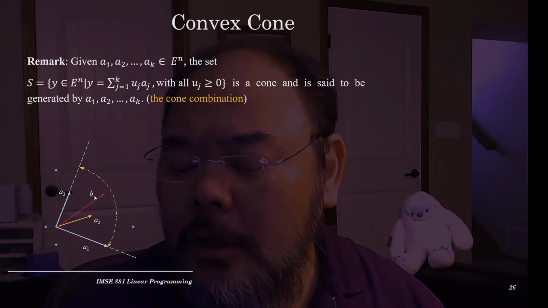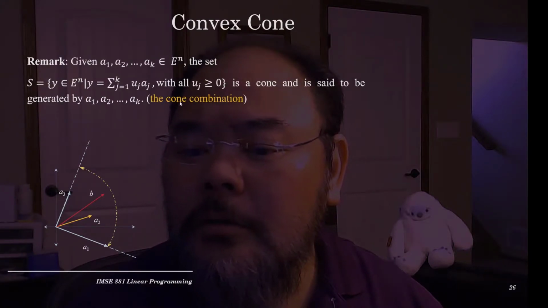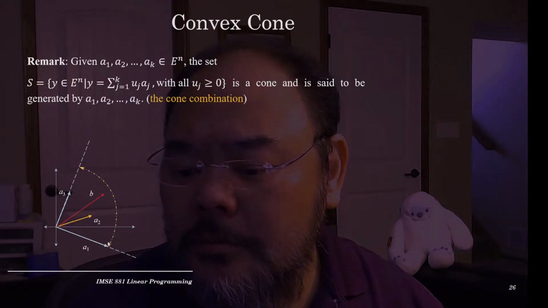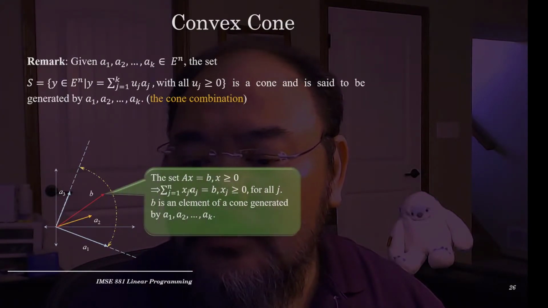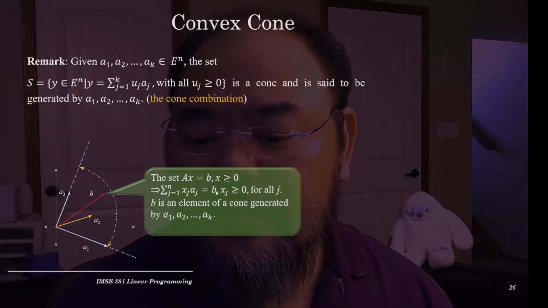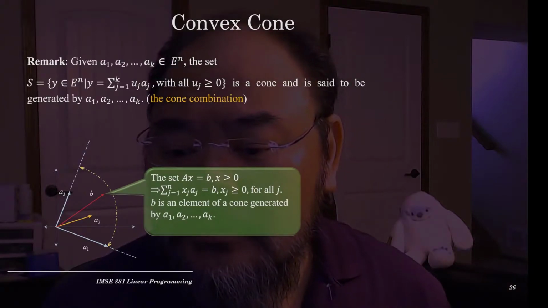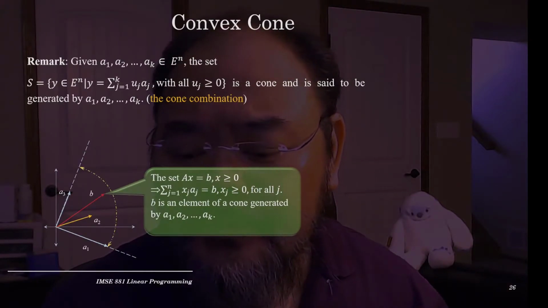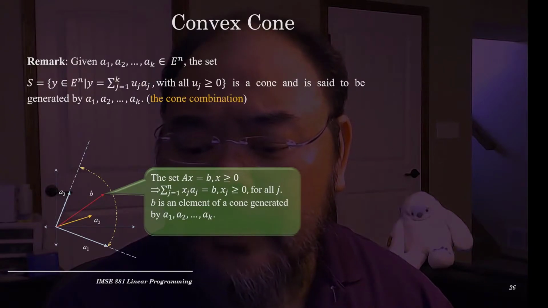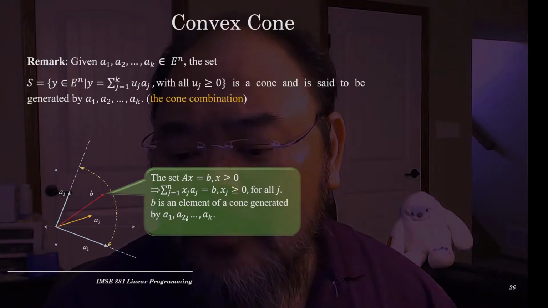Any point within this cone spanned by this yellow dotted line, B for example, is represented by Ax equals B, where x is greater than 0. So x in this situation is the direction, the cone combination. So B is an element of the cone generated by A1 through Ak.